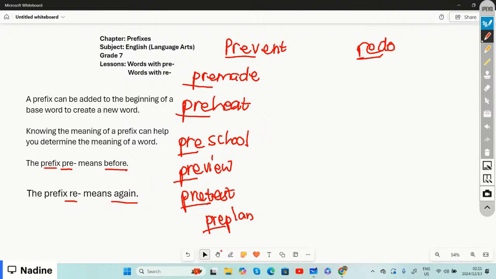What does it mean if you want to redo something? So redo, which means that re means again, and do is something that you need to do. So which means that you are doing it again.